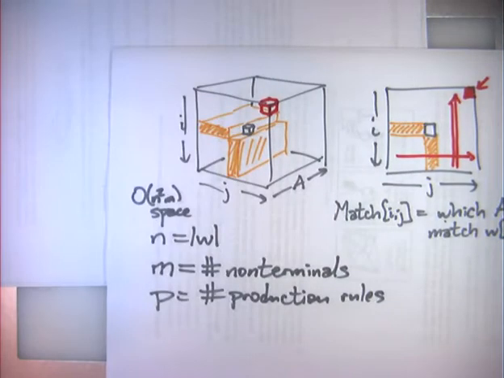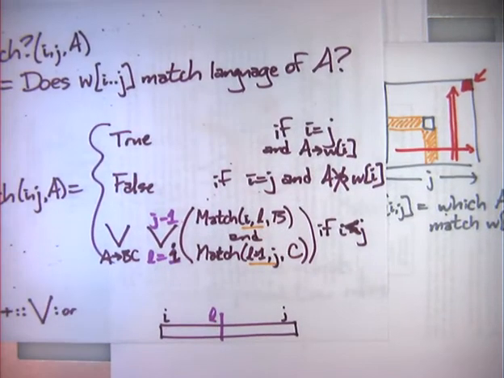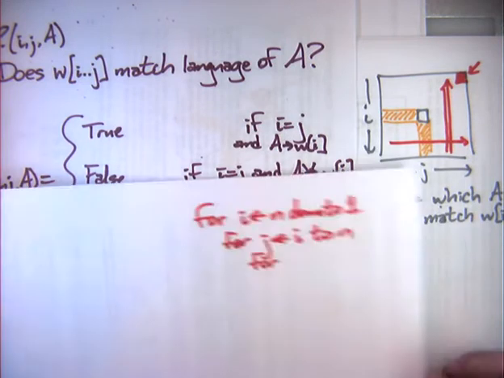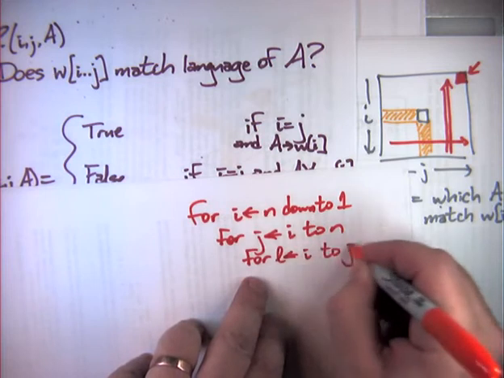But if I imagine making the decisions in the opposite order, if I say, I don't know where to break things up, so let me just try, for L from i to j minus 1.